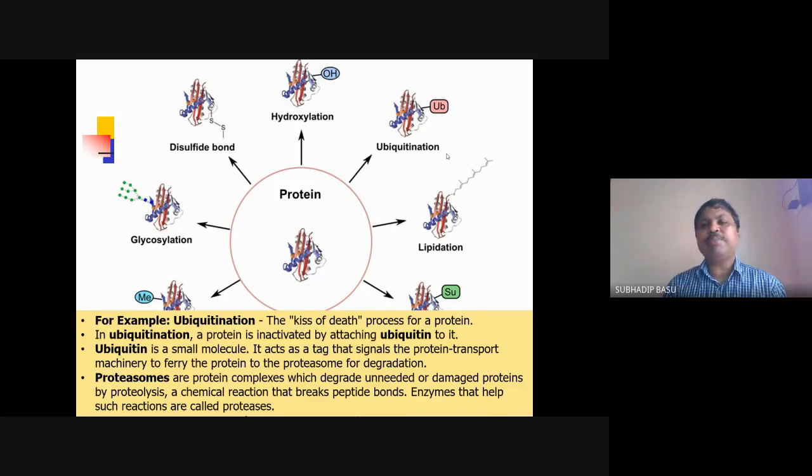That is absolutely important, and here we are showing one example of addition of ubiquitin, which is a small molecule that helps in protein breakage. When a protein is not utilized anymore, or it is not required anymore, then ubiquitin is attached to it in the post-translational modification called ubiquitination. And then we have the degradation. So that is called protein degradation.